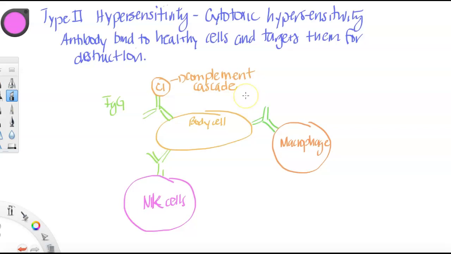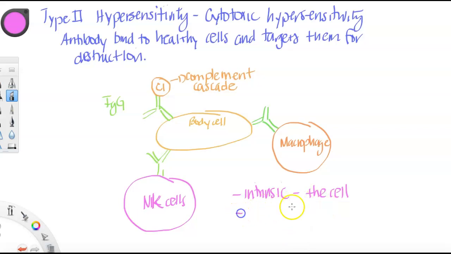So if the problem comes just from the cell itself, okay, so it's an intrinsic hypersensitivity, so it's against the cell. All right.